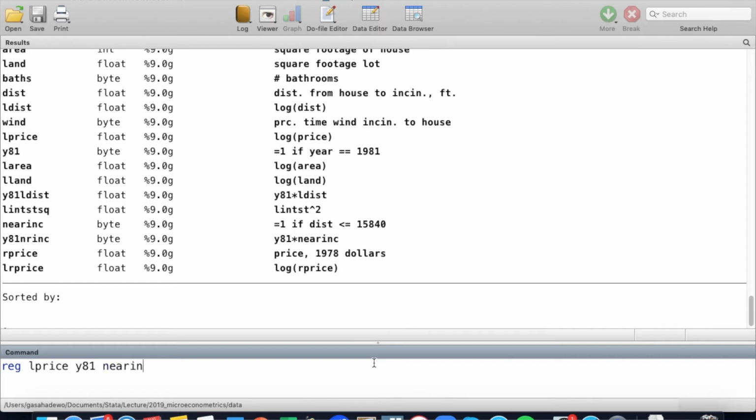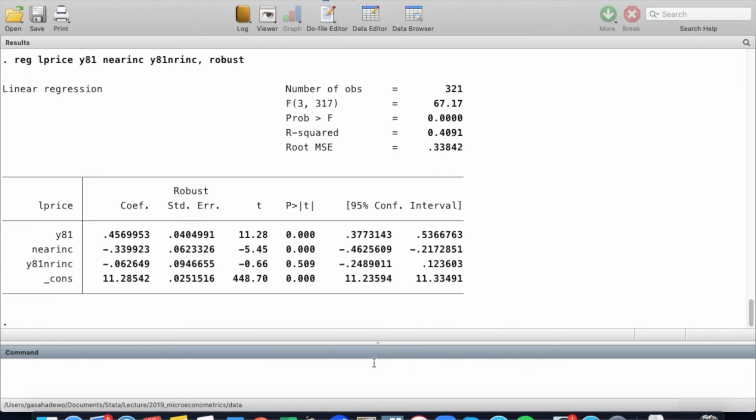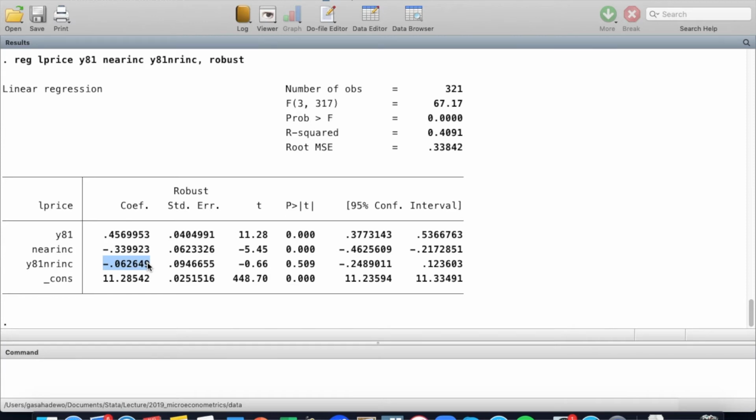We're going to include near inc, the treatment variable, and we're also going to include an interaction variable between y81 and near inc. Of course, we also want to include robust standard errors just to account for possible heteroscedasticity in the data. So let's hit enter.